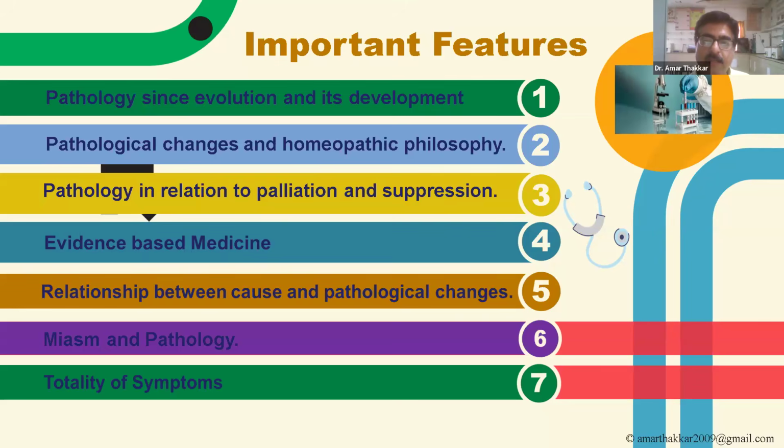And how this understanding, which we will study today, will help us in making a better totality of symptoms, because that is always the final goal which every homeopathic physician strives for. So let us dive into the first aspect, pathology since evolution and its development.